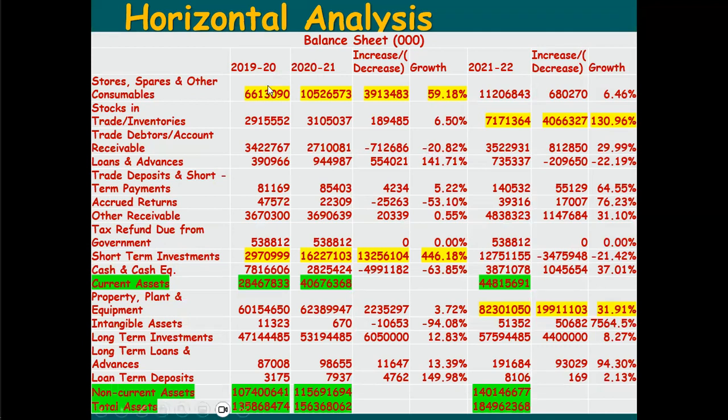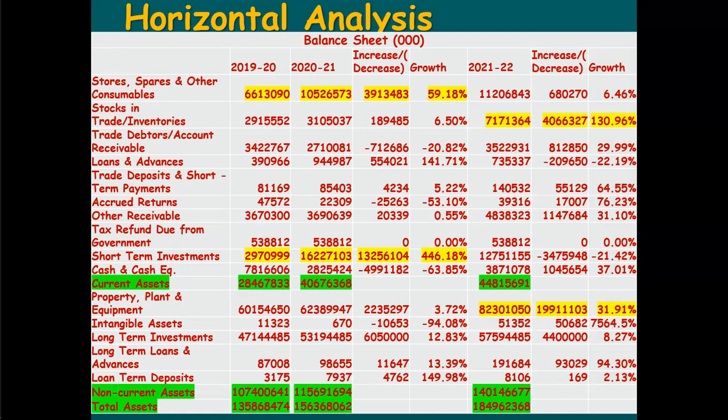And for the next year, we can observe a nominal change of about 6.46%. So why do we have a major change for the first 2 years? You will have to find the reason. Definitely you will observe certain growth either in assets or in sales.